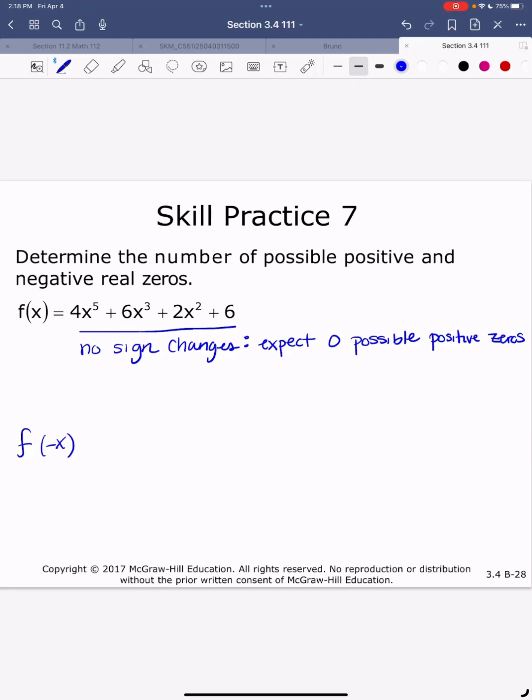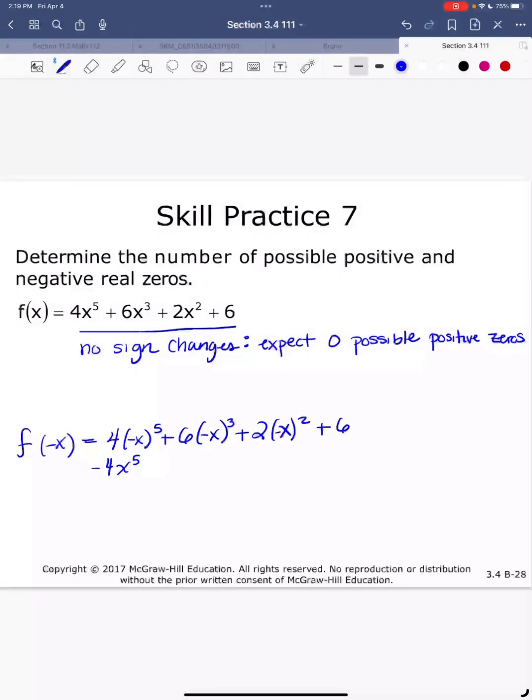f of negative x would be 4 times a negative x to the 5th plus 6 times a negative x cubed plus 2 times negative x squared plus 6. Now, before I do anything, I want to clean this up. We know that when we have an odd degree, like here, a 5th degree, that this will stay negative.